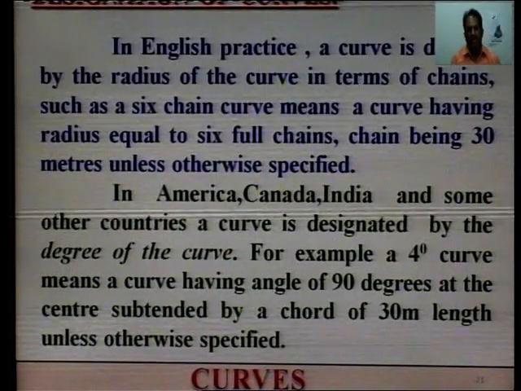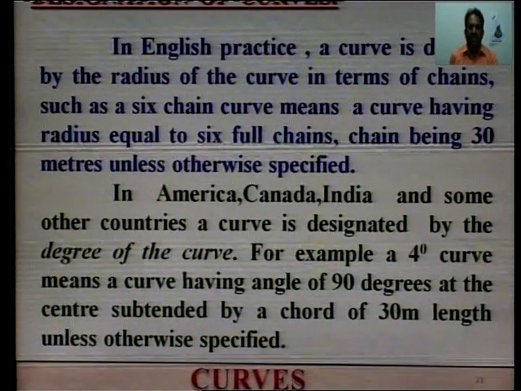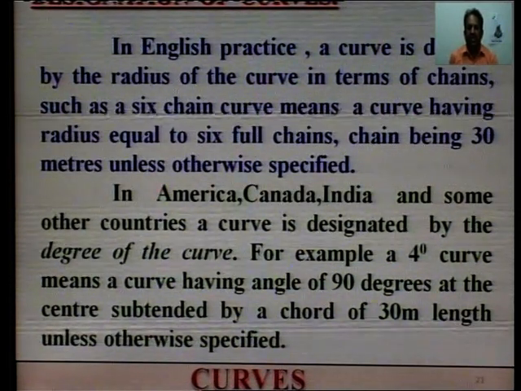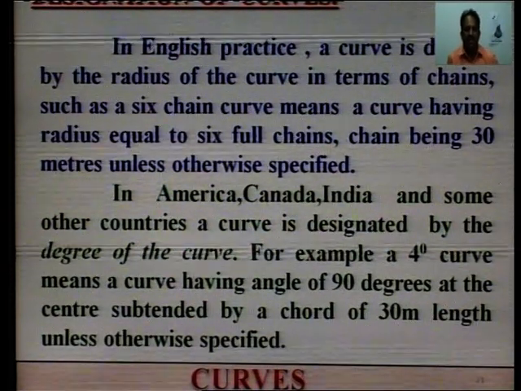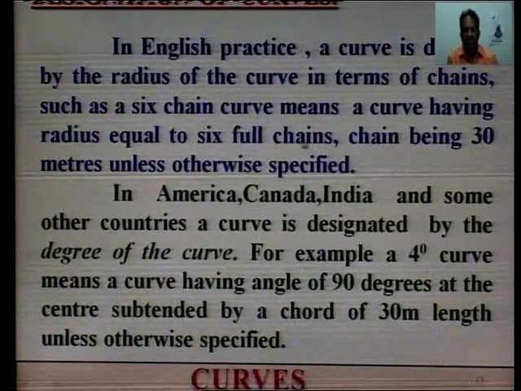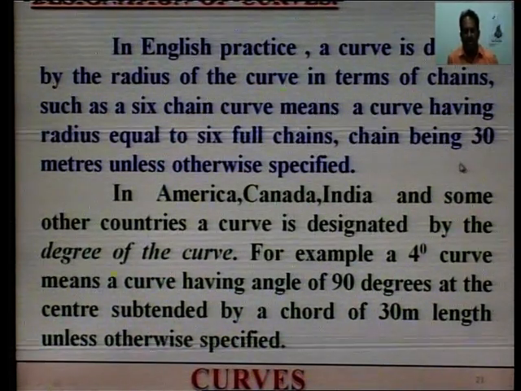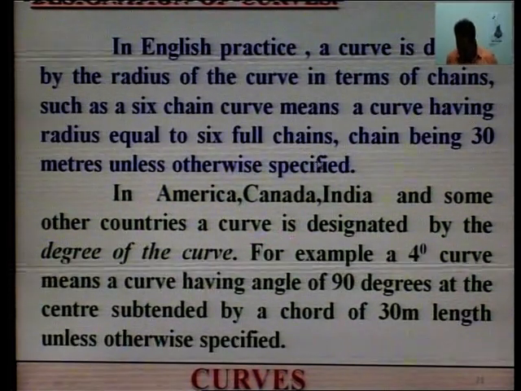In English practice, that is in English countries, a curve is defined by the radius of the curve in terms of chains. You have studied chains in the last semester. A 6 chain curve means a curve having radius equal to 6 full chains, a chain being 30 meters unless otherwise specified.